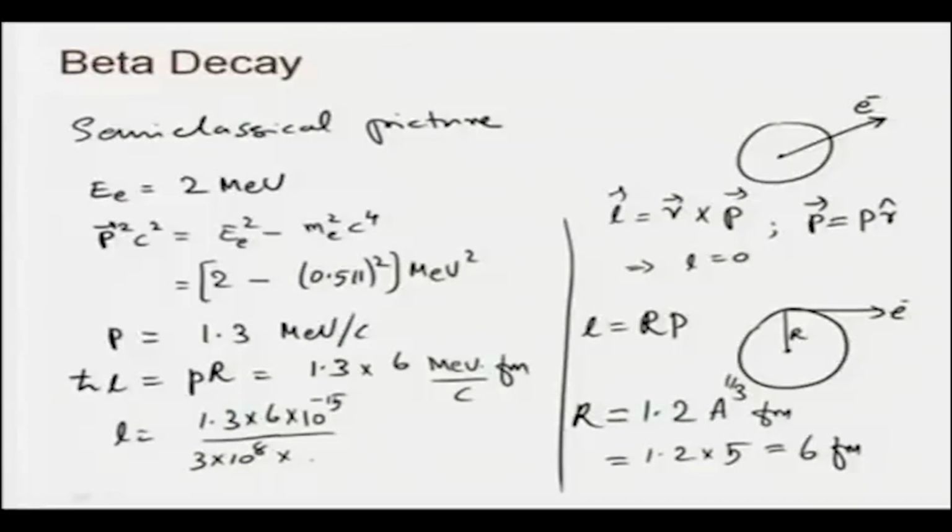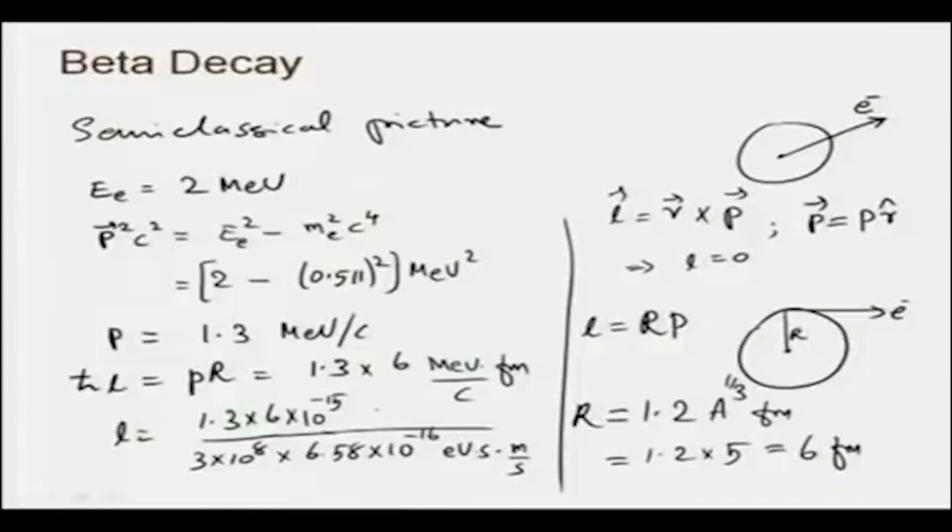So, the value of H cross is 6.58 into 10 power minus 16 electron volt second, and meter per second coming from c, and in the numerator we have MeV.